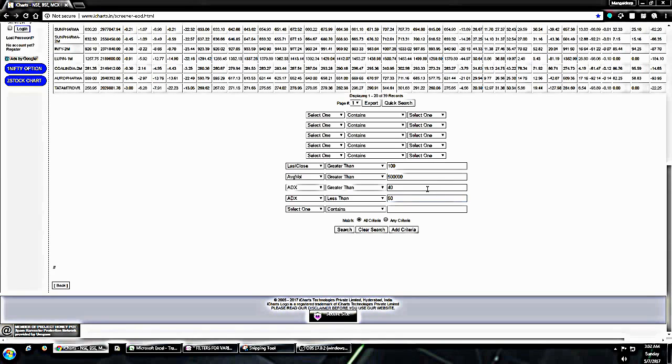Now the group in which this particular filter falls is 40 to 60, which means we are trying to filter for stocks which are strongly trending. So this is the filter which sums up the third filtering strategy.